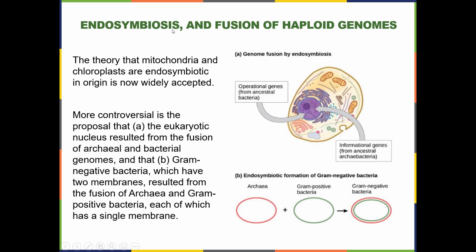This is a theory, and it's pretty well accepted. I don't know anybody who rejects this theory in a general sense, that the first eukaryotes probably formed from fusion of two or more prokaryotes.